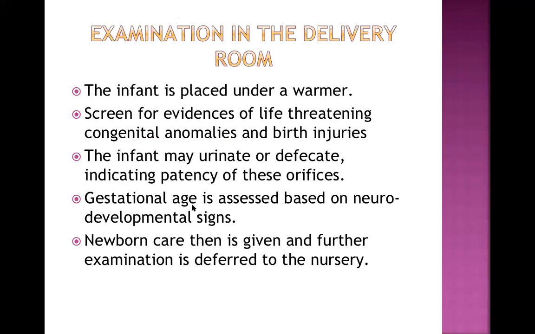In obstetrics, we have already studied how to calculate the gestational age according to the last menstrual period. So if we are not sure about that, then we need to examine the baby. How mature is the baby? According to the physical sign and neurodevelopmental sign, then we give a certain gestational age. That is the meaning.